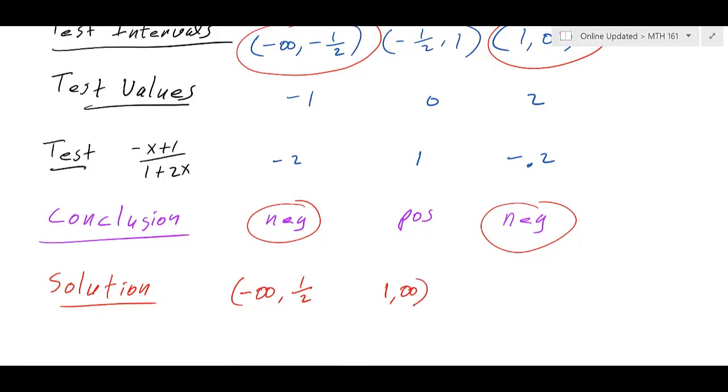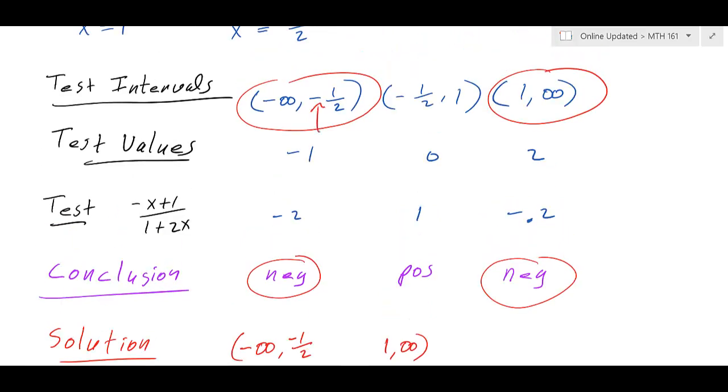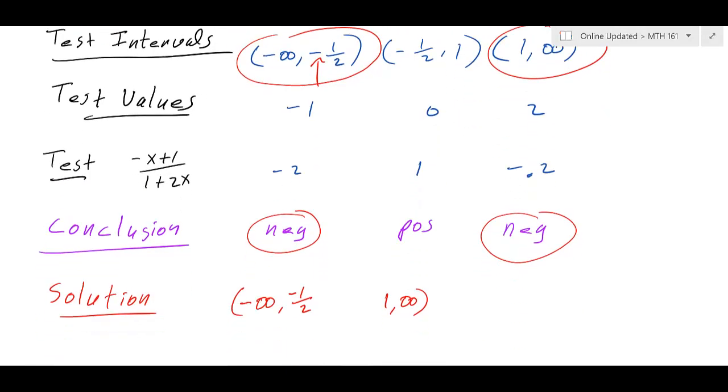Now the question is, on the negative 1/2, do I use parentheses here, or am I going to use a bracket? What happens if we plug in a negative 1/2?